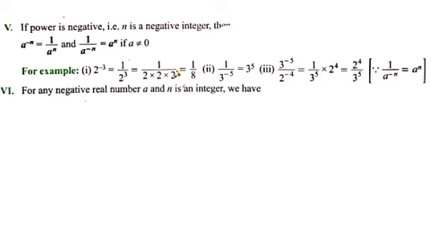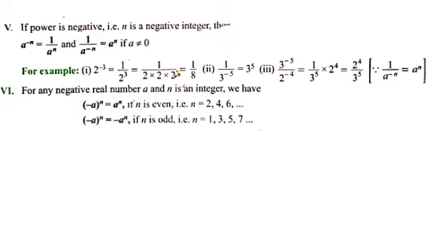Sixth one: for any negative real number a and n an integer, we have (-a)^n equal to a^n if n is even, that is n is equal to 2, 4, 6 and so on, an even number, then this rule can be applied.